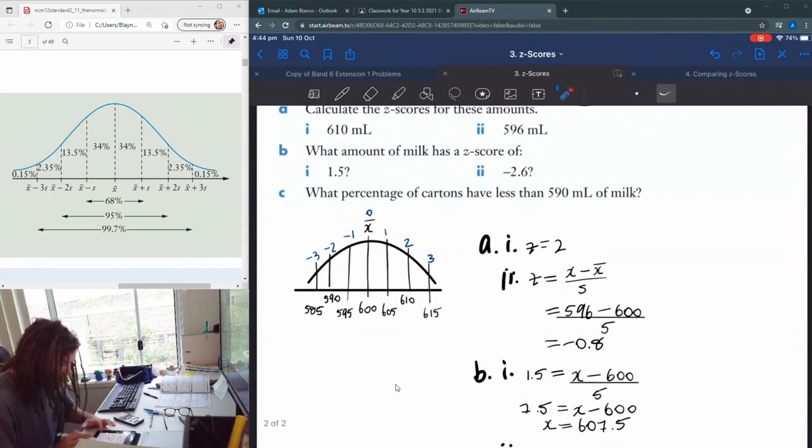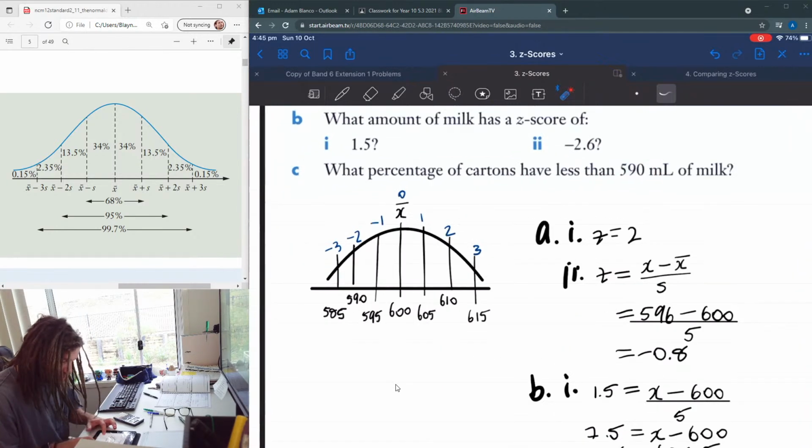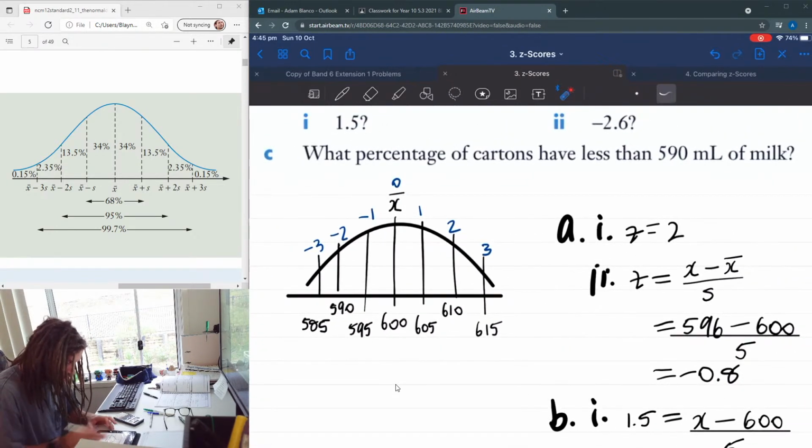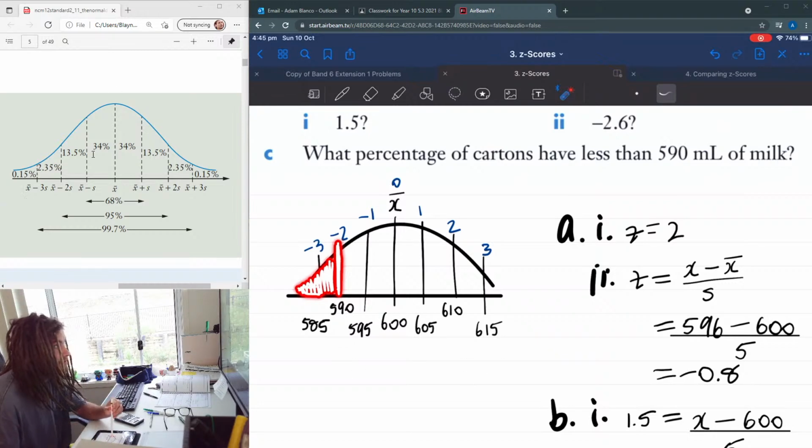Okay, very last question. What percentage of cartons have less than 590 milliliters of milk? 590, that's here. So 2 standard deviations away, or a Z score of minus 2. I'm looking for this percentage here. If you look up in the table, 2 standard deviations is this line here.